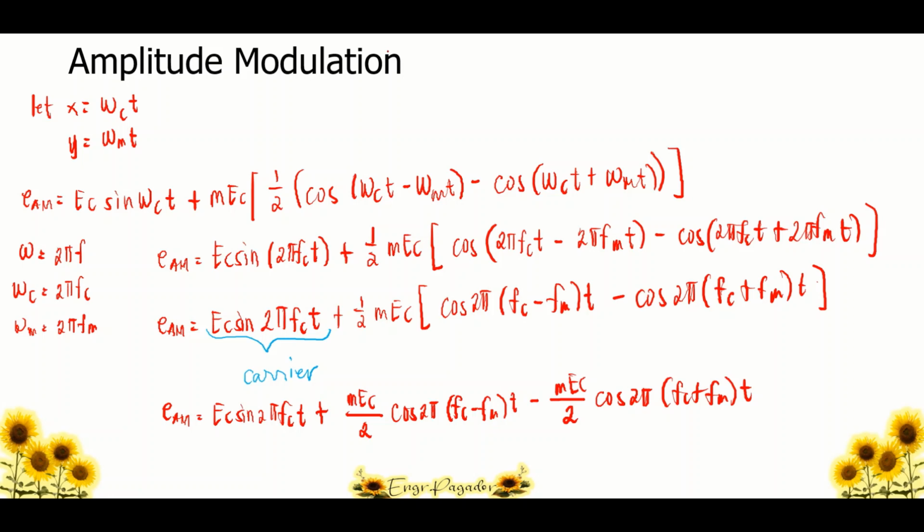So, again, yung first part ng equation natin is the carrier. The second part is the lower sideband kasi meron tayong FC minus FM dito.